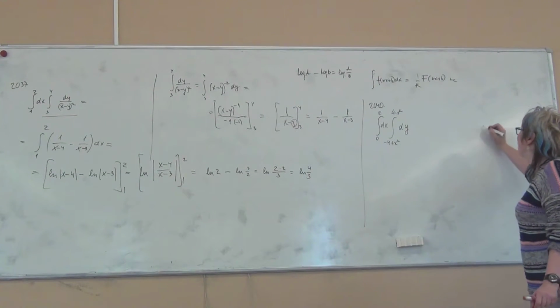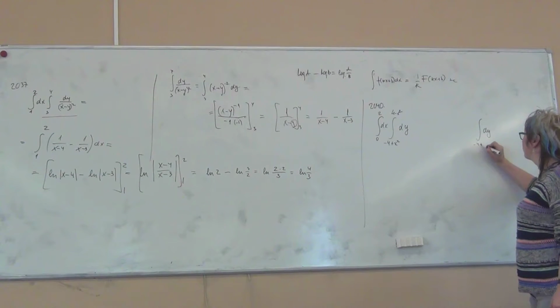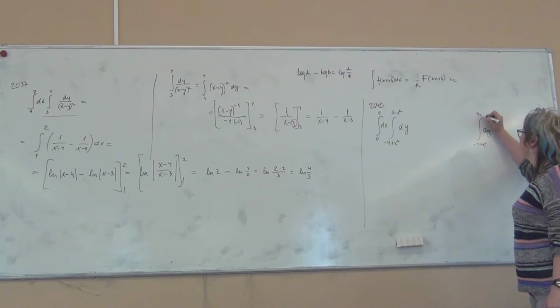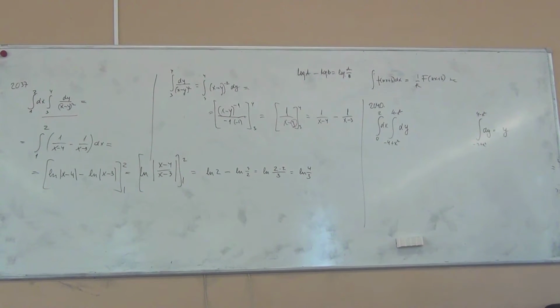Alright. So the integral of dy by whatever is simply y, because it's 1. The integral of 1 is simply y from, obviously, minus 4 plus x squared to 4 minus x squared. So we put these into y.